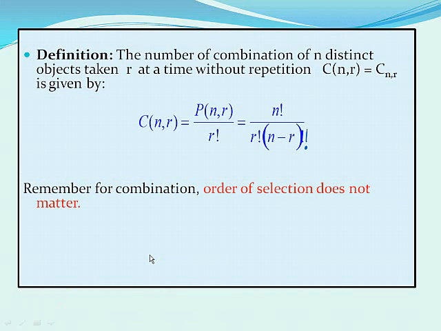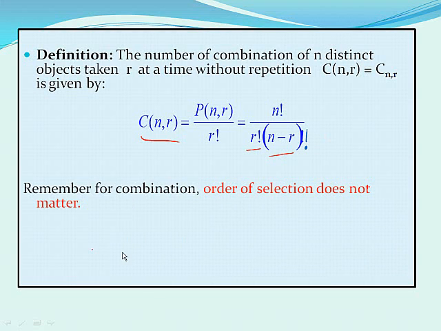Here is the formula for the number of combinations of n objects taken R at a time. Cn, R is equal to factorial n divided by factorial R multiplied by factorial n minus R. Remember that for combination, the order of selection does not matter. Here is an example of how you use this formula.